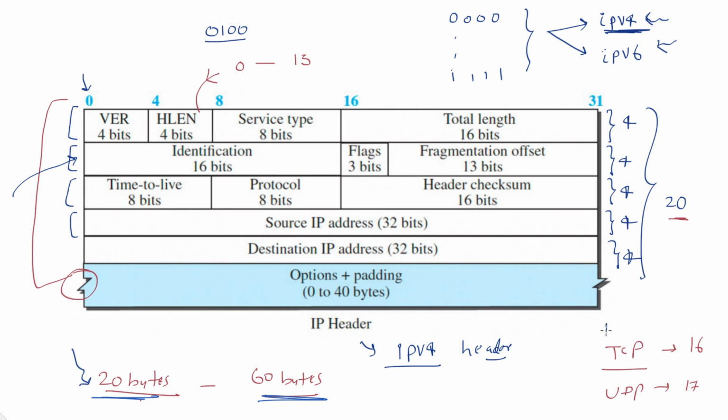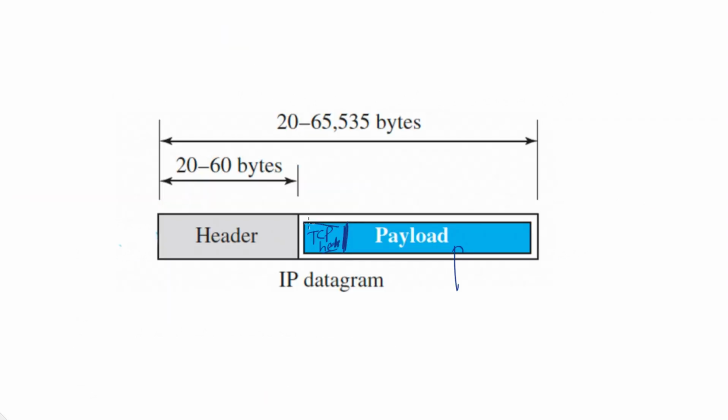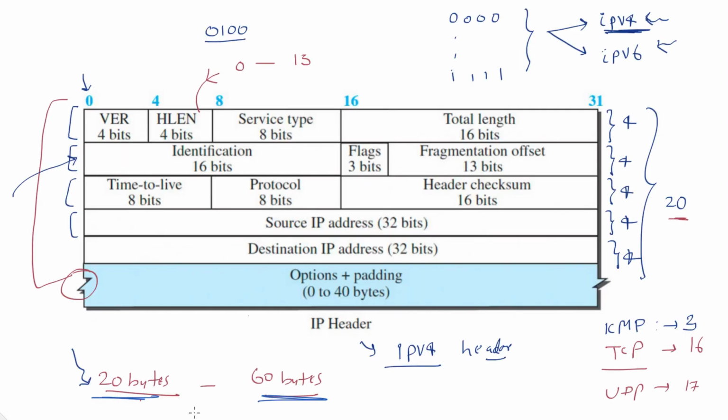And there are some protocols called ICMP, IGMP or something like that, which have some value, let's suppose 2 or 3. But this protocol field tells us which high level protocol we are using, which means which header this IP is encapsulating. That's where we use this protocol field.